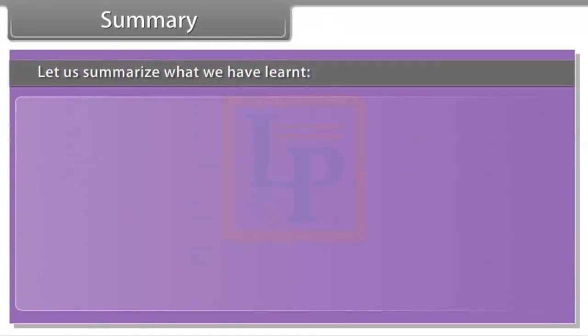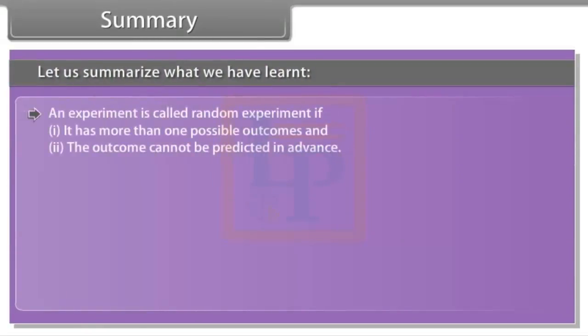Summary. Let us summarize what we have learned. An experiment is called a random experiment if 1. It has more than one possible outcome, and 2. The outcome cannot be predicted in advance.